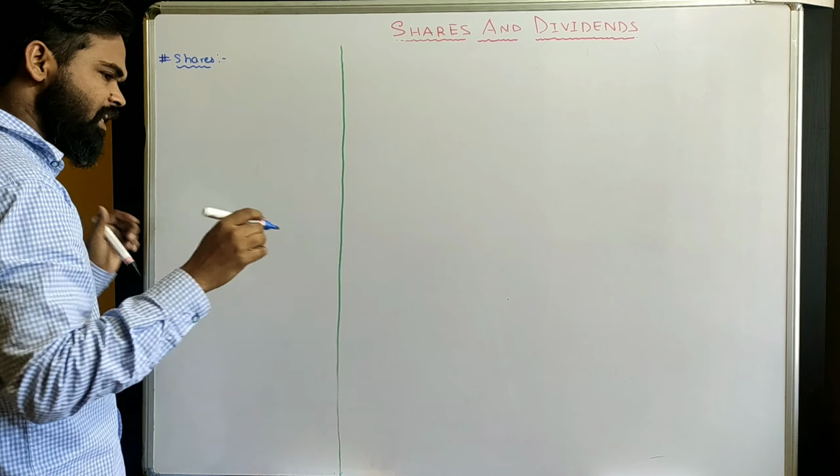So this is a very important relation: return percent of market value is equal to RD percent of nominal value. Now certain formulas we need to know before we start the exercise.